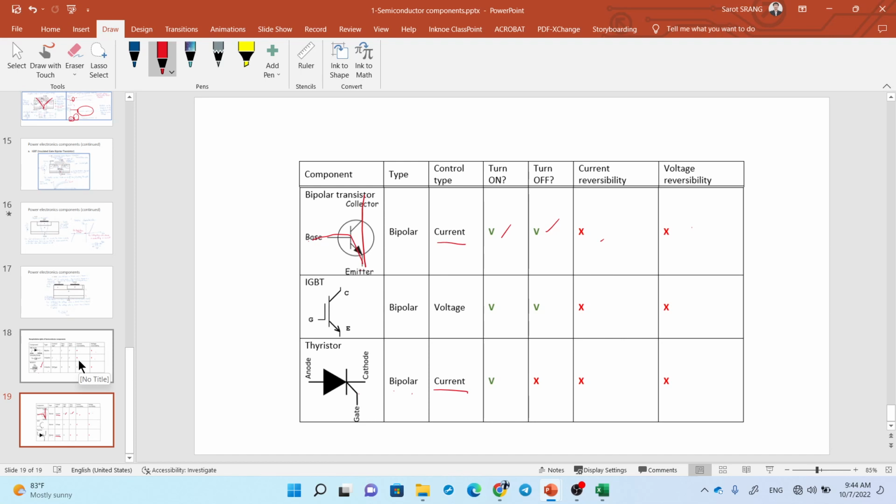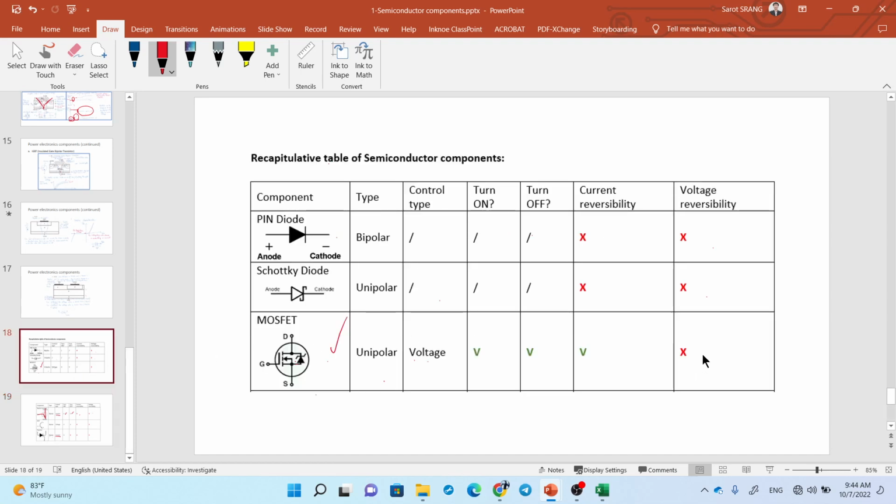No, not for MOSFET, right? MOSFET current reversibility is okay because you have the MOSFET diode here to protect it actually. Because for a MOSFET, if there's no protection and you put in a reverse polarity, then it's going to be burned out.